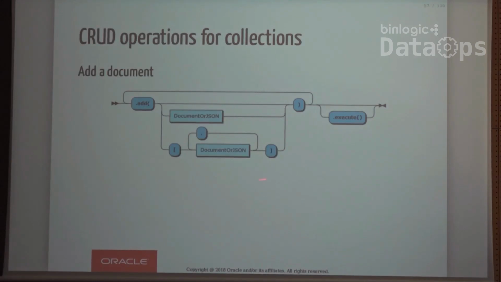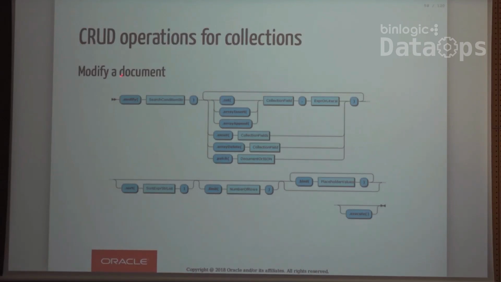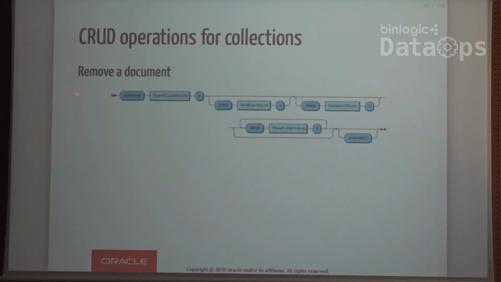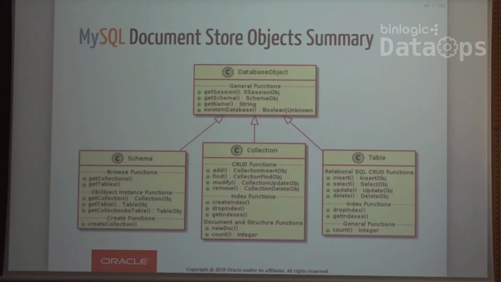So add a document. This is the CRUD operation from the documentation of MySQL. So we can add a document, we can execute it. Here, modify. So we have a lot of ways to modify the data. You can bind arguments to your queries and stuff like that. To remove a document, and that's it. So we can work on collections with add, find, modify, remove.